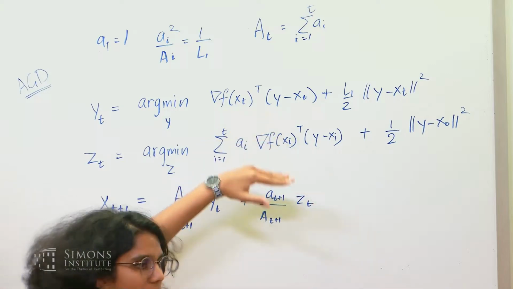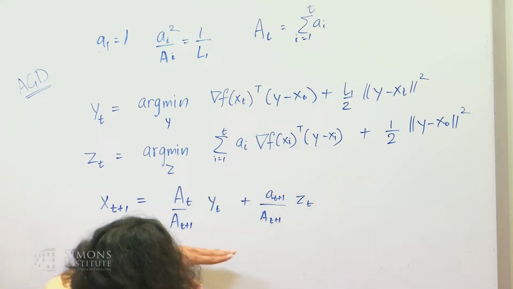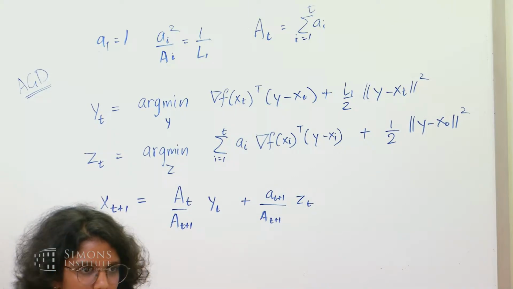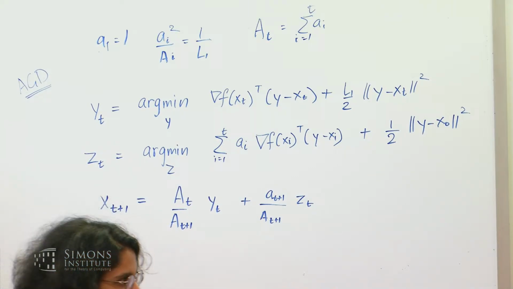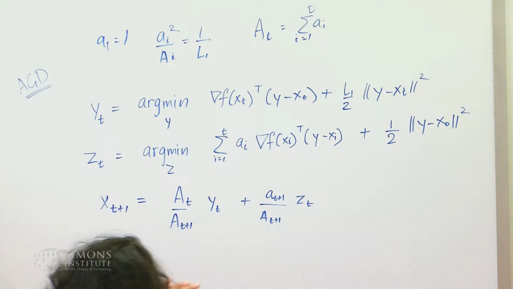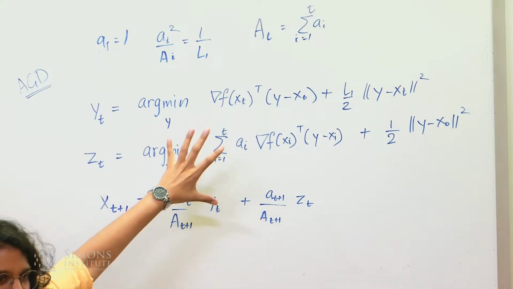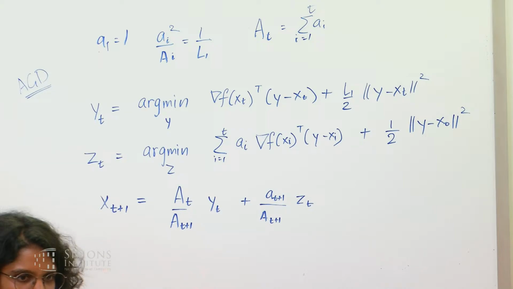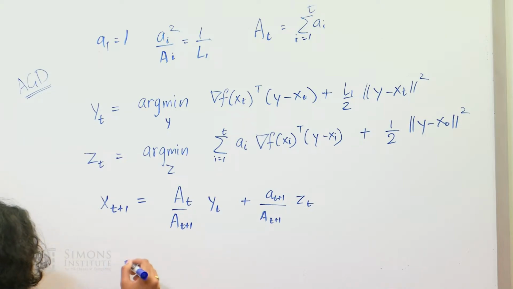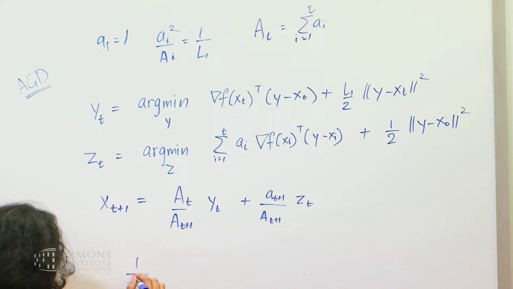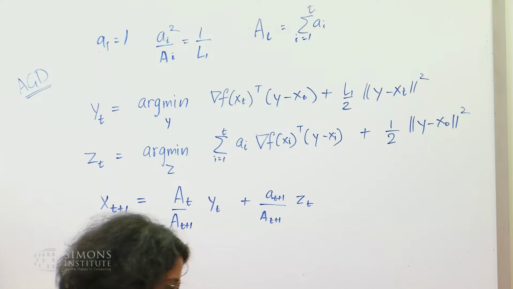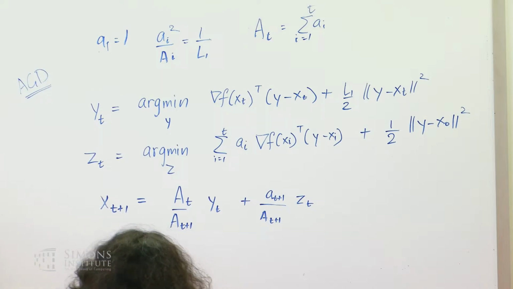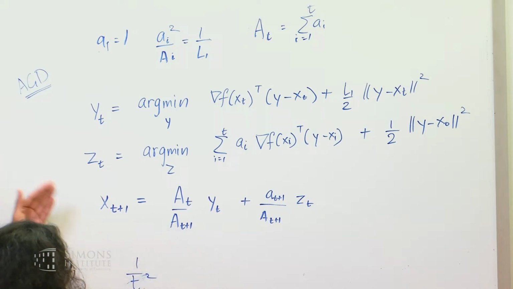So in a way, you're trying to do both. You're trying to do something that's a trade-off of minimizing the function error and minimizing the distance to the optimizer. So for first order, we saw this, and this gave us a rate that went down as 1 over t squared with iteration t. And so for first order, we had this.